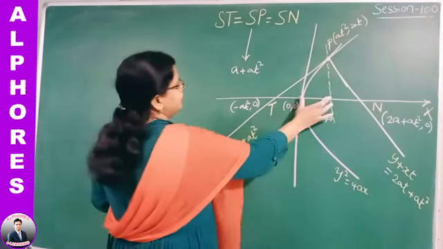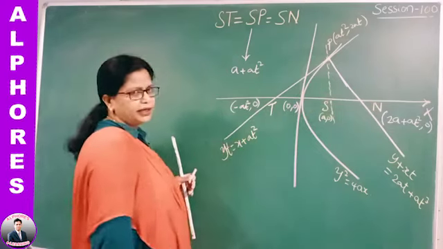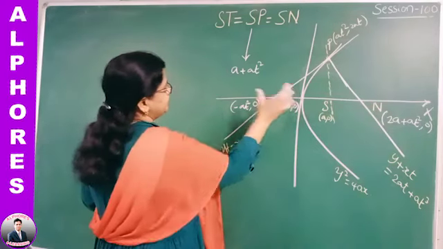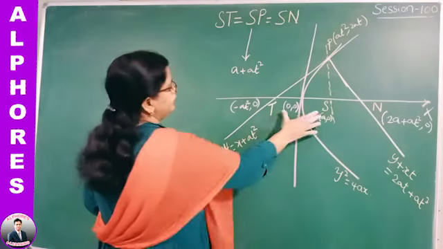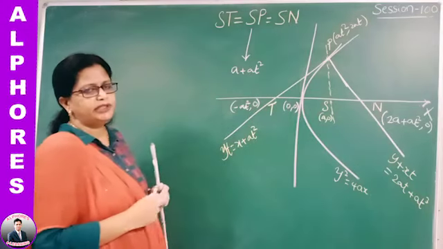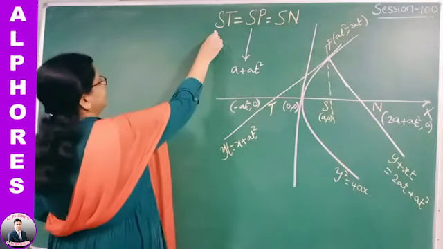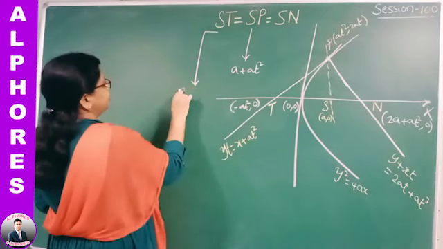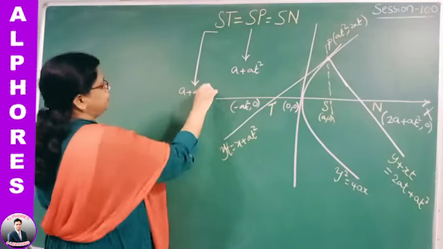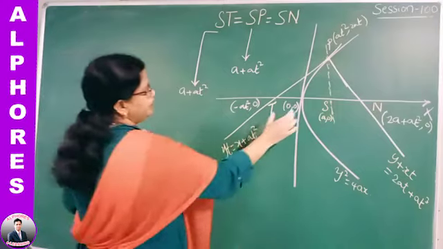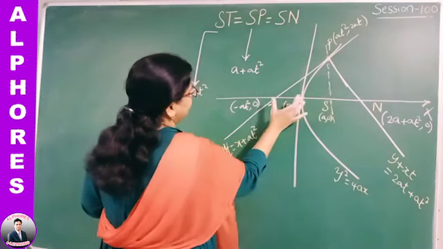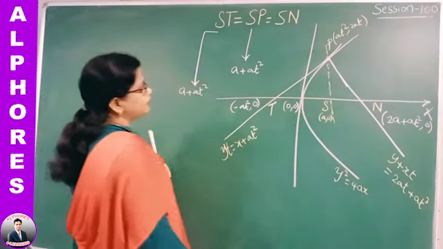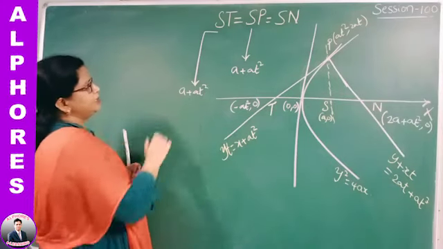From here to here, the distance is what? a. Again, from here to here, what is the distance? a t square. Therefore, ST is nothing but, again, how much you got, students? It is a plus a t square. Just from the diagram you can say this is a value, and here it is a t square, and therefore if you club that, a plus a t square.